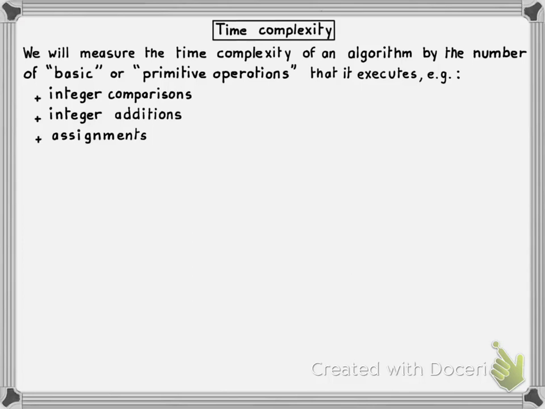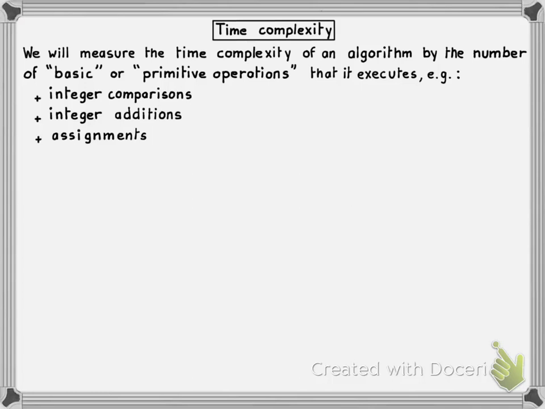Now, one important feature of a primitive operation or basic operation is that it not only must be executable by the computer, of course, but its execution must take a constant time that is independent from the size of the input.